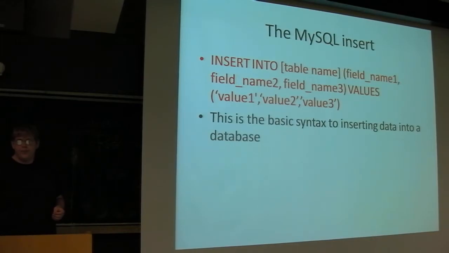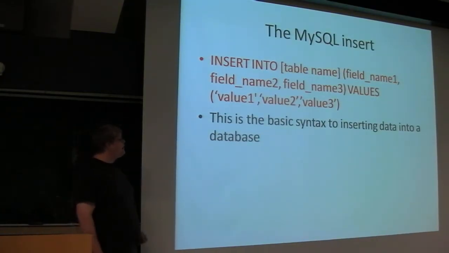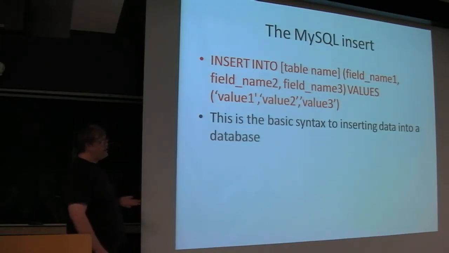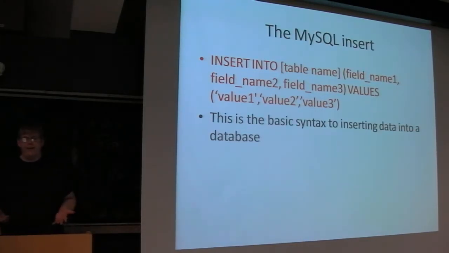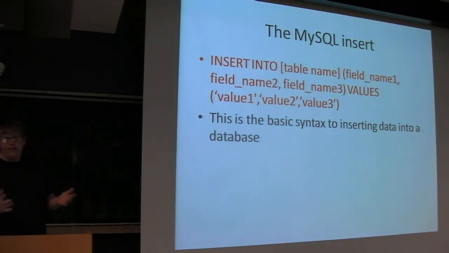The insert, as you're guessing, inserts data into the database. So insert into whatever the table of your database is, and whatever the fields are that you're inserting into, then you type in values, and then you give it a bunch of values. And that can be a comma separated list or a single value.